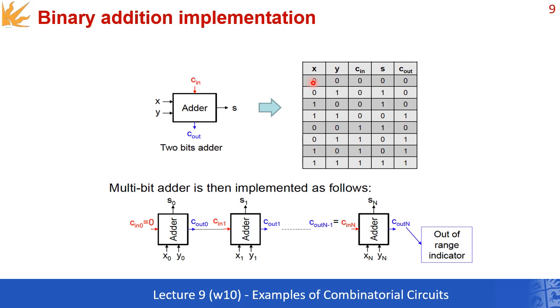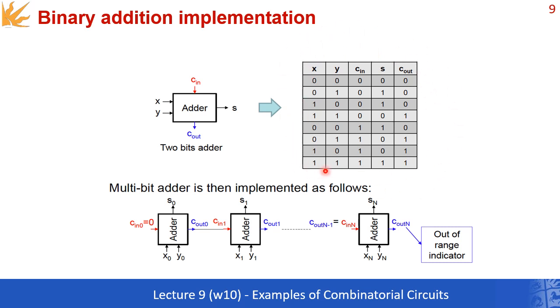If you got 0 plus 0 and there is no carry, this is the result that you get, and this is what you carry out. While here, for example, if you get 0 plus 0 and there is a carry, the result is 1. Take a moment to read this table and remind yourselves what is happening.